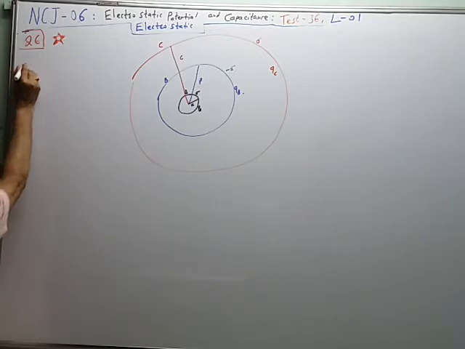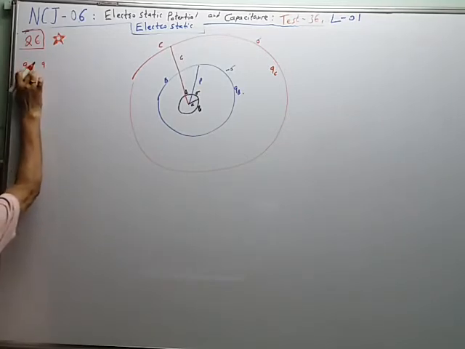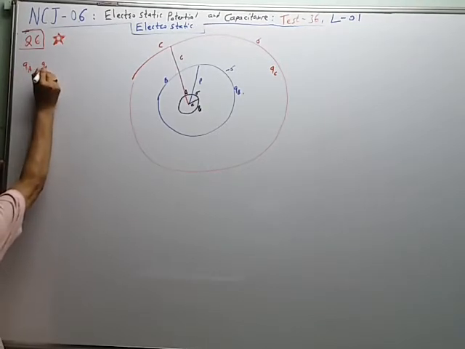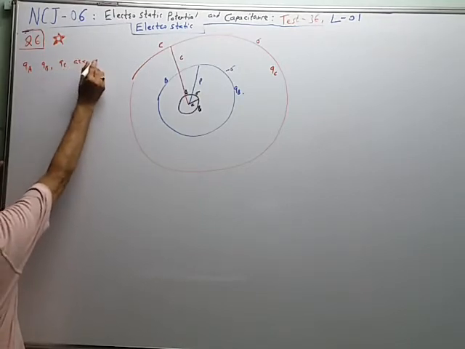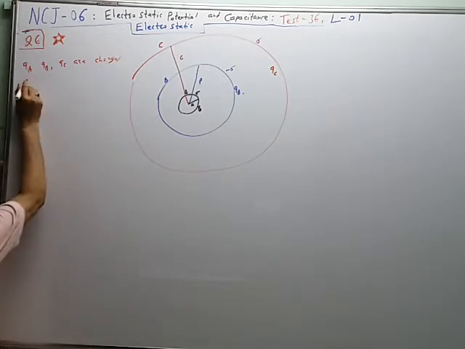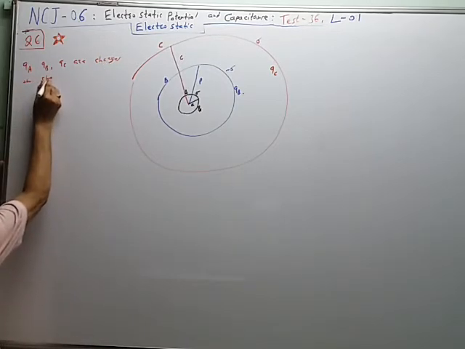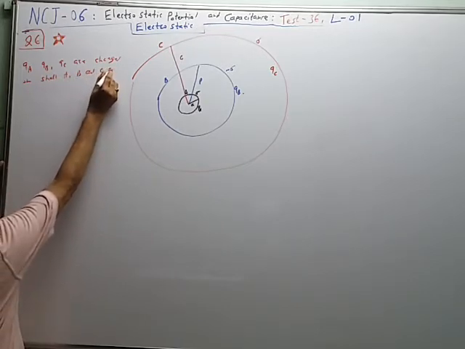So QA, QB, QC are the charges on shell A, B and C respectively.